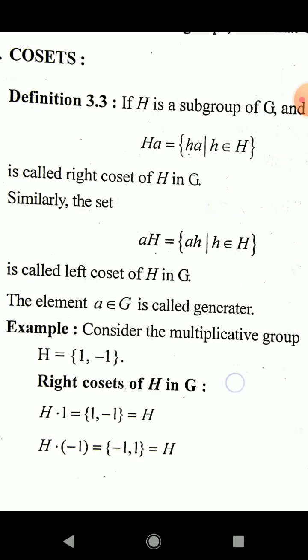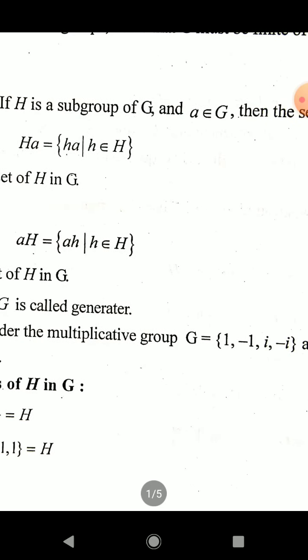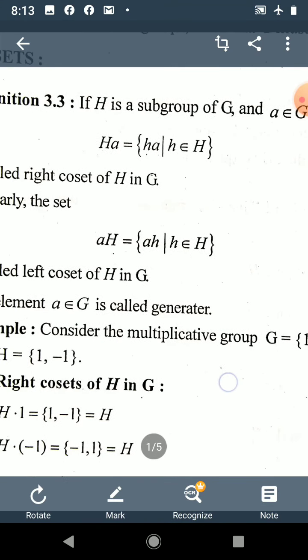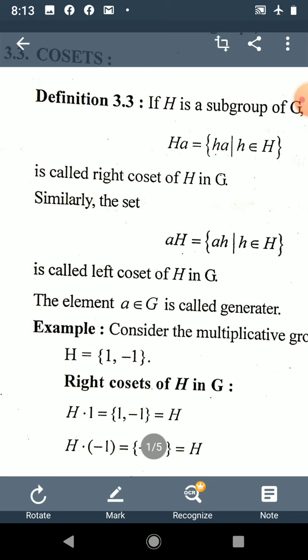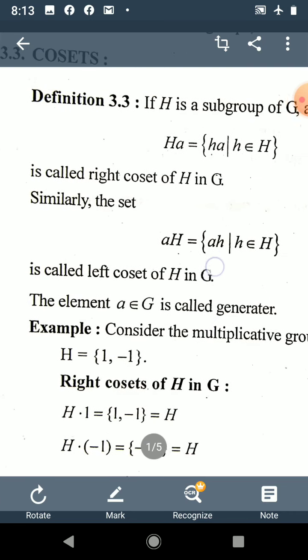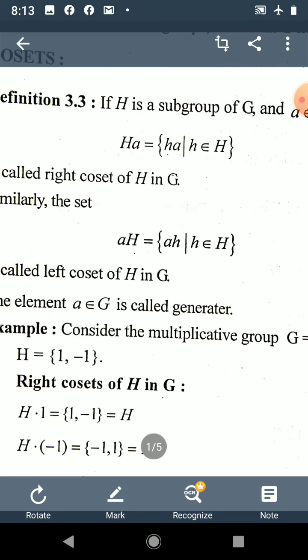Now the second element of the group Z is minus 1. We have to multiply all elements of H by minus 1.